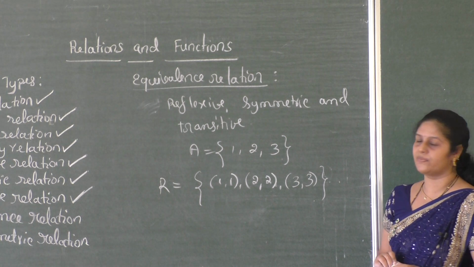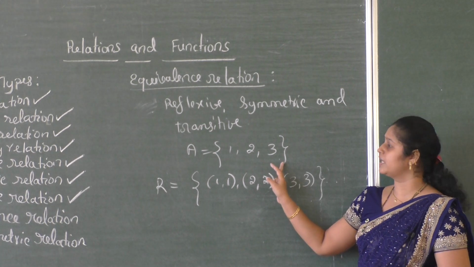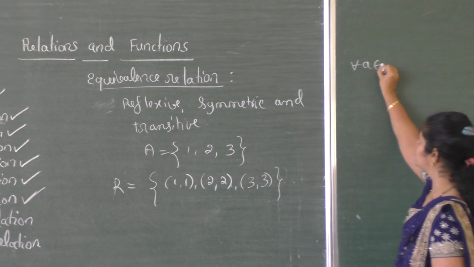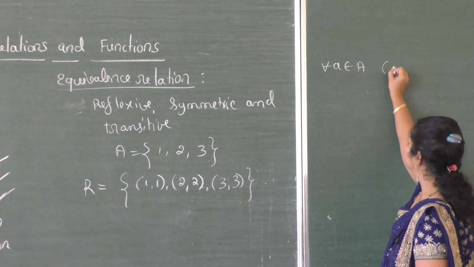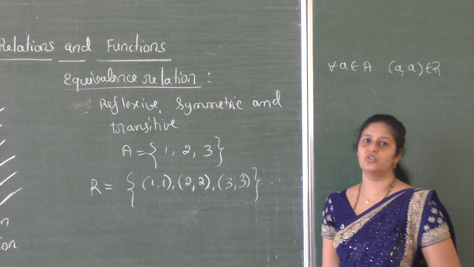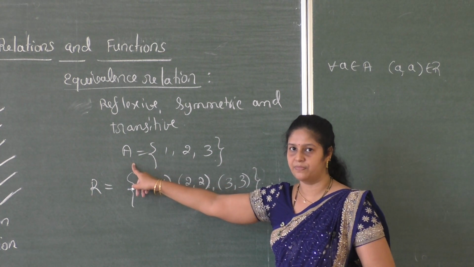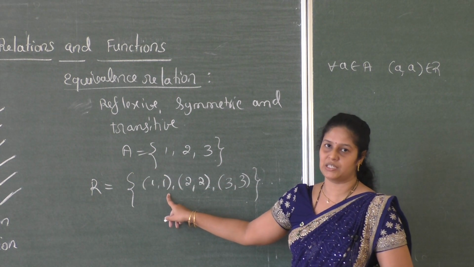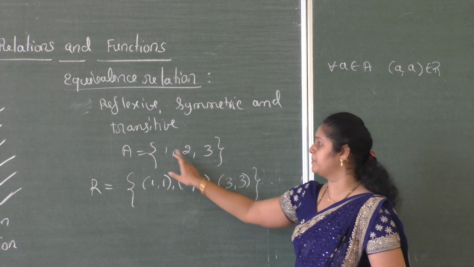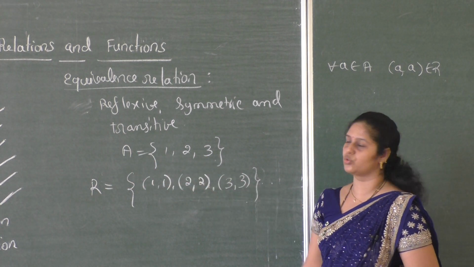First one, whether this relation is reflexive. What is the definition of reflexive relation? For every element a of A, (a, a) belongs to R, then it is reflexive relation. Now here 1 is an element of A, that means (1,1) should be there in relation R. You can see that (1,1) is there. 2 is an element of A, then (2,2) must belong to R, so (2,2) is there.